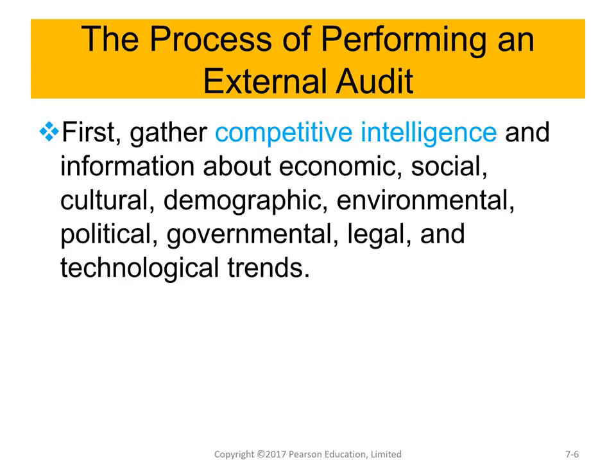So the process of performing an external audit will be first to look at the competitive intelligence and information from the economic, social, cultural, demographic, environmental, political, governmental, legal, and technological elements, and then to assess this information in a holistic manner so as to identify what are the opportunities and threats in the environment.